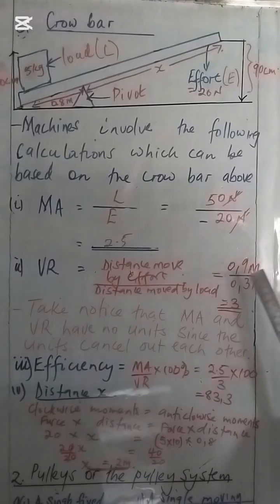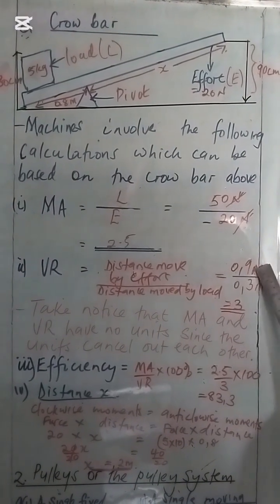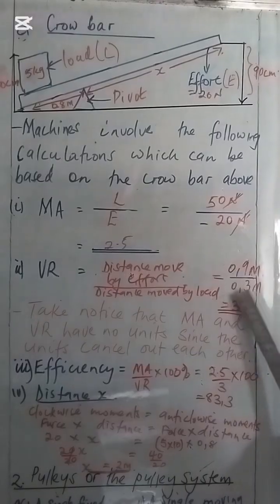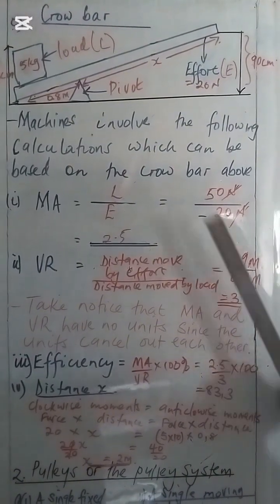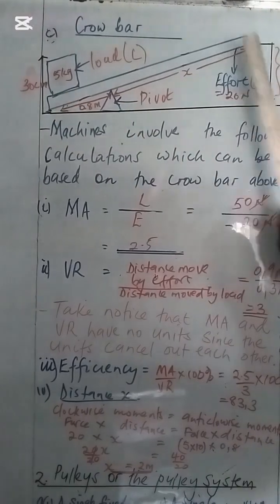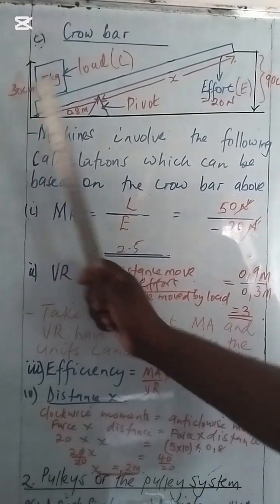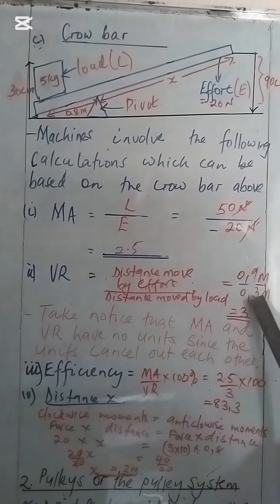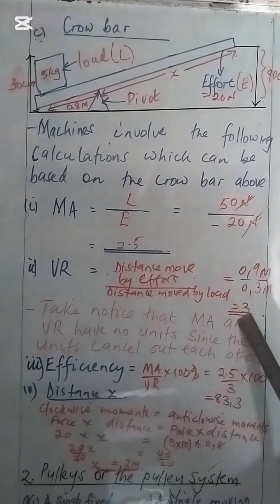We deal with SI units, and the SI unit of distance is the meter. We don't deal with centimeters when doing calculations in physics. Then 30 centimeters: when you press down here, the load will move upwards 30 centimeters. So 30 centimeters is 0.3, and if you divide, you will get 3.